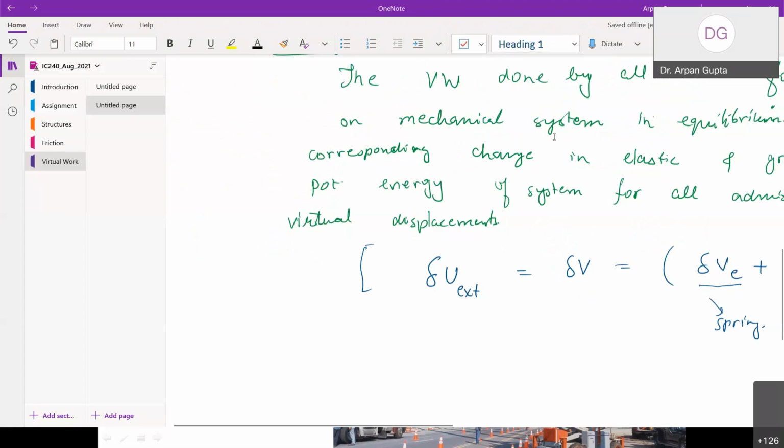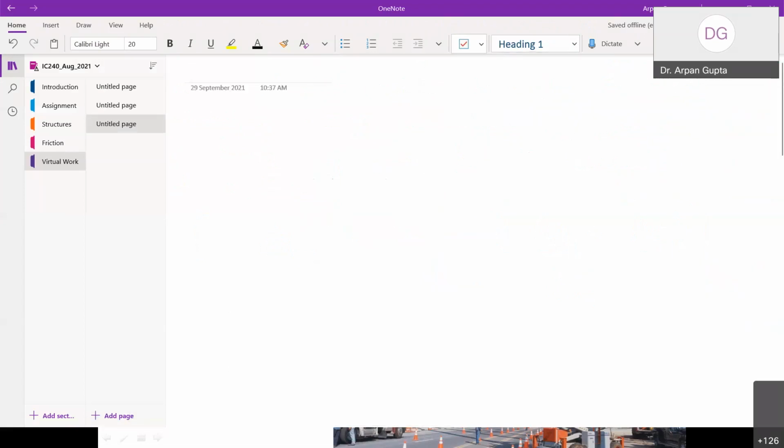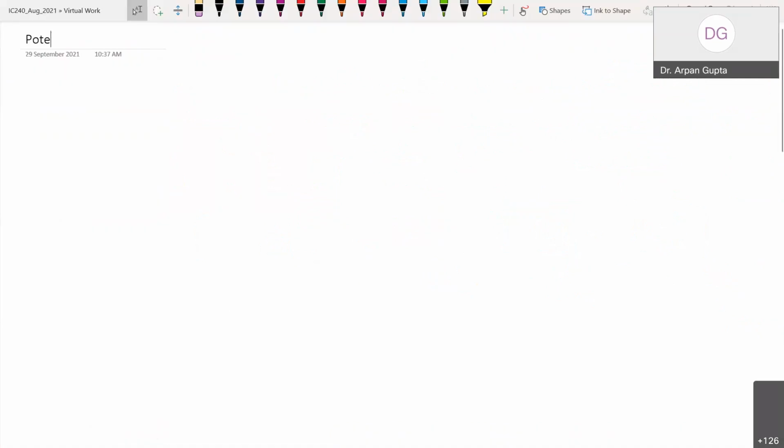Okay, so now let us quickly derive the expression of potential energy for a spring. This is the first time we are introducing an elastic element, and we introduce this elasticity by springs, right?